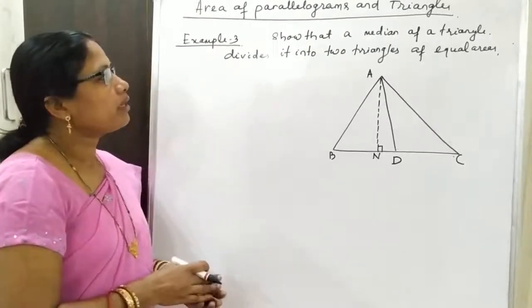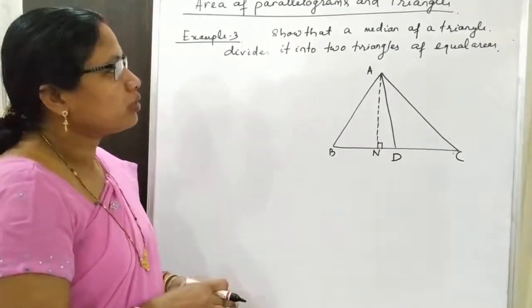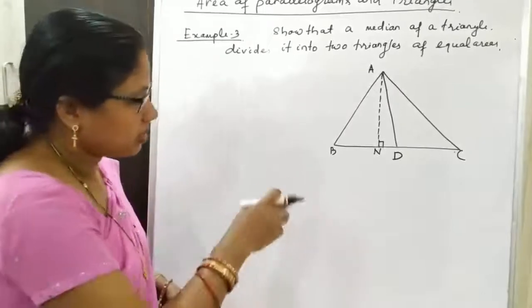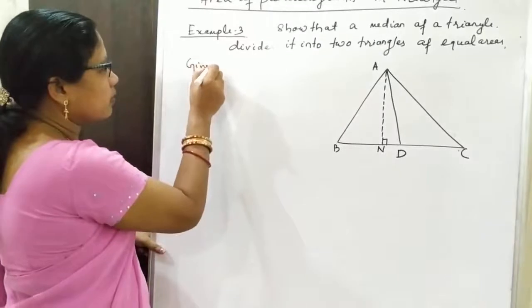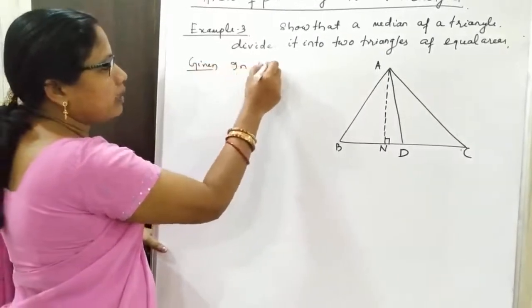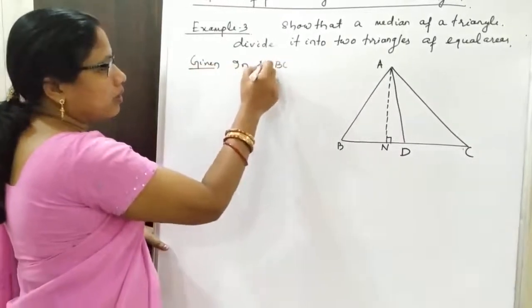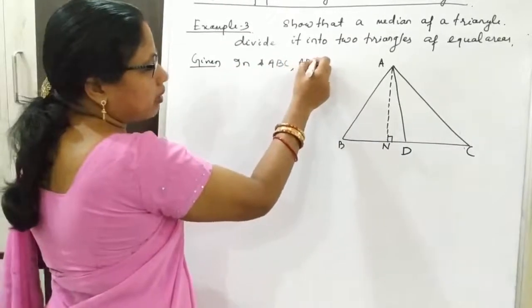Next, prove that a median of a triangle divides it into two triangles of equal areas. So here ABC is the triangle given. In triangle ABC, AD is the median.